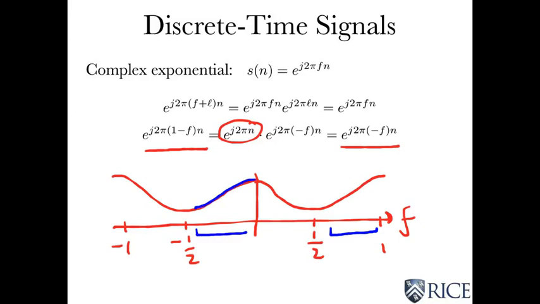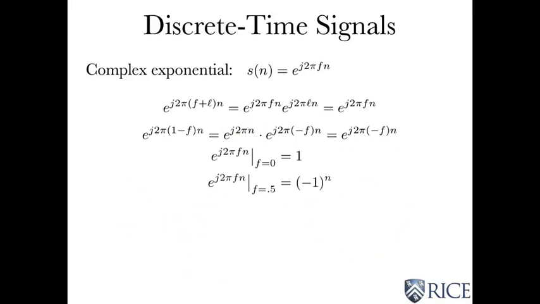So a frequency at 0.6, let's say, a little bit bigger than a half, according to this formula, that makes this f 0.4, which means that it has to have the same value as minus 0.4. So the highest frequency you can have, it turns out, is a half, because once you go above a half, that winds you up in negative frequency.